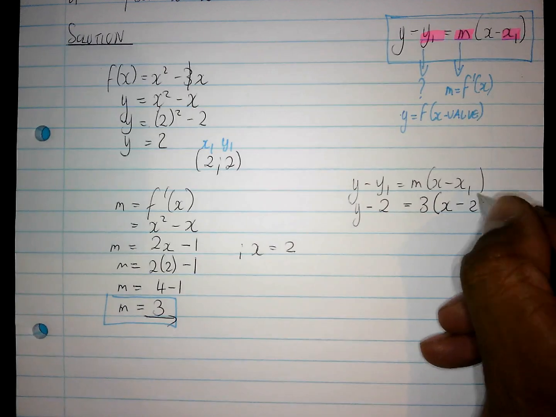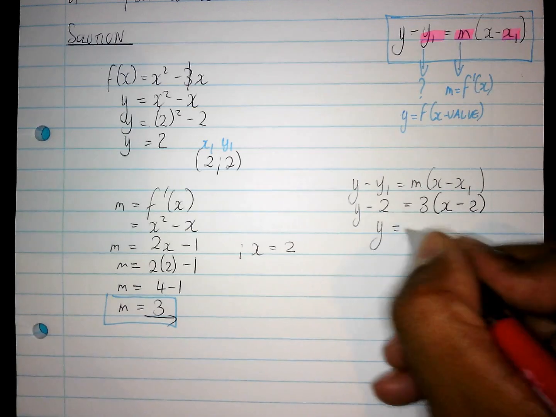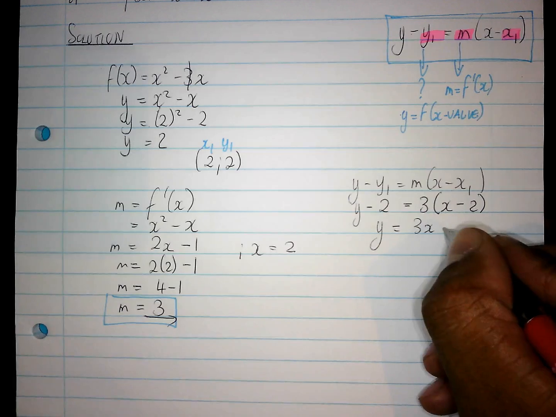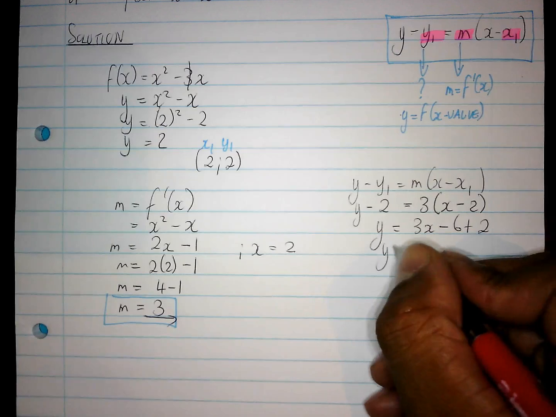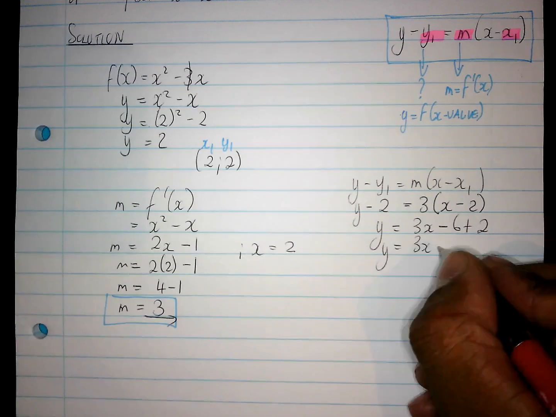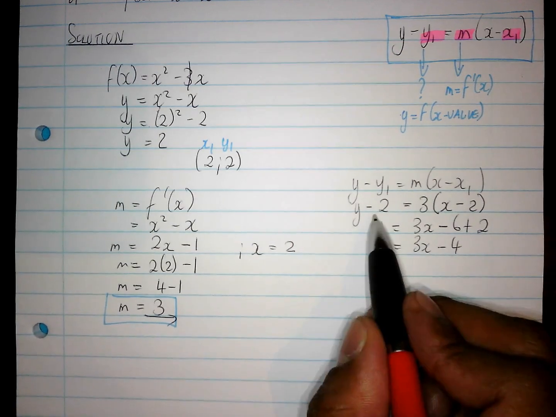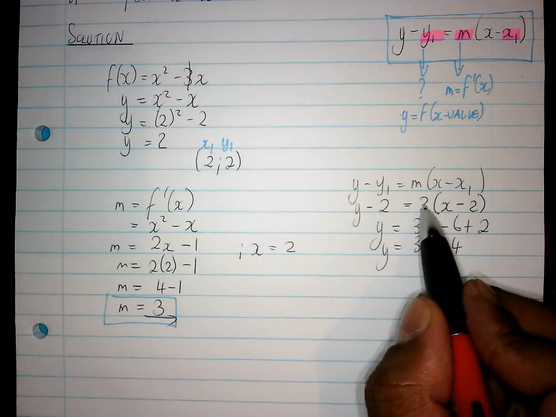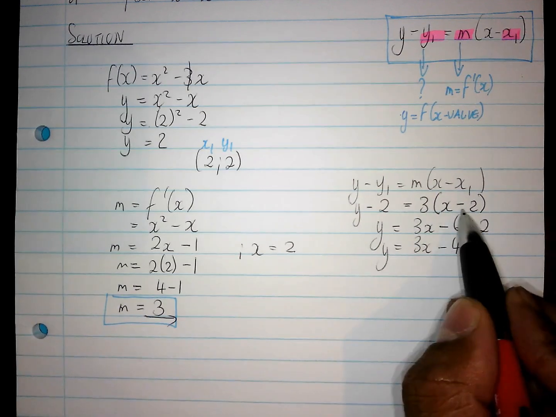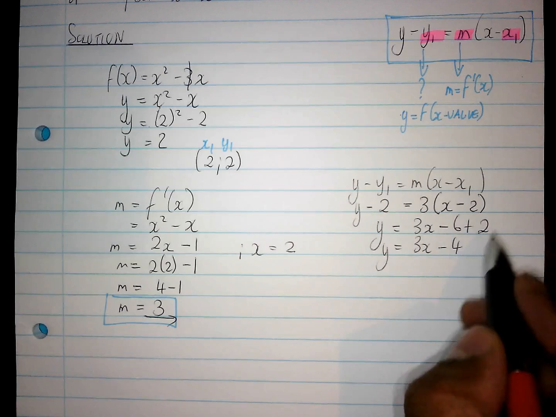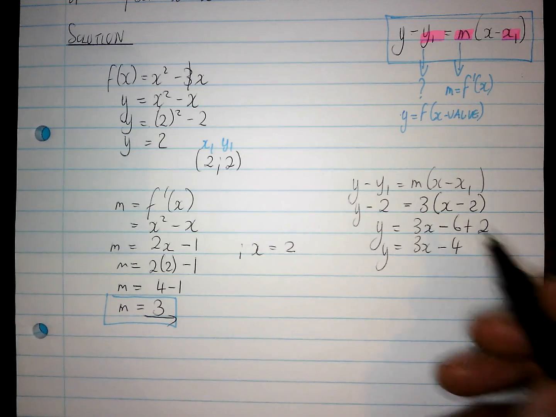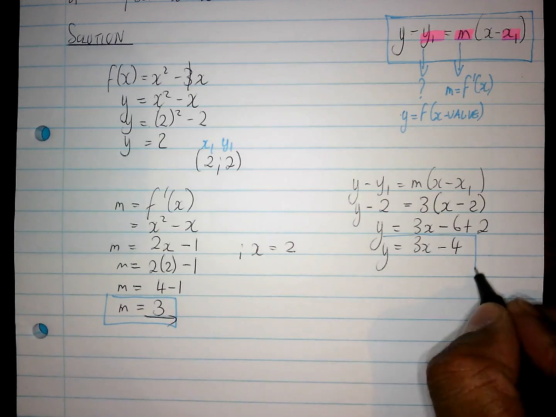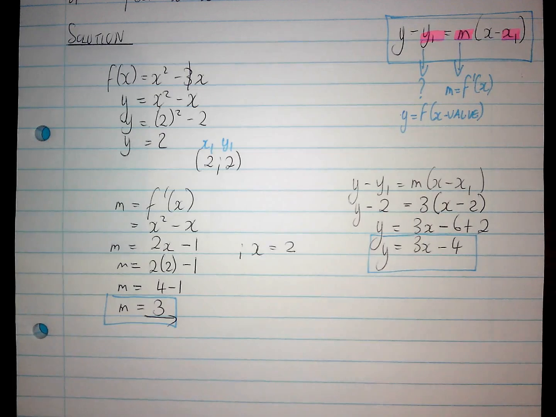So y equals 3x minus 6 plus 2. Then our equation is 3x minus 4. Remember, you transpose 2, you multiply 3 by x, which is 3x, and 3 multiplied by negative 2 is negative 6. So this gives us minus 4. So the equation of the tangent is y equals 3x minus 4.